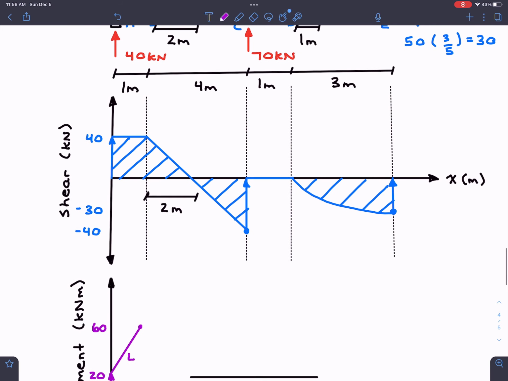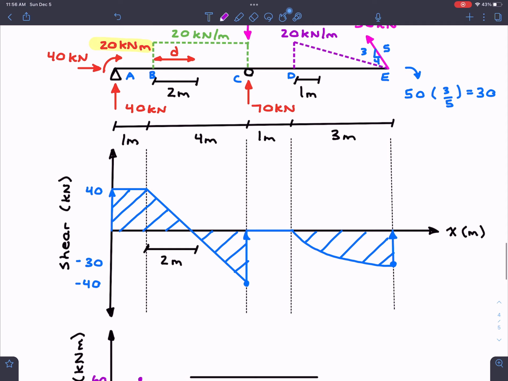The next part is, what is going to be the change in moment between point B and point 0, which is going to be that intercept right there? Basically, I'm now considering this area right here. As we can see, it's a triangle, so I'm going to go 1/2 of the height, which is 40, times the base, which is 2.